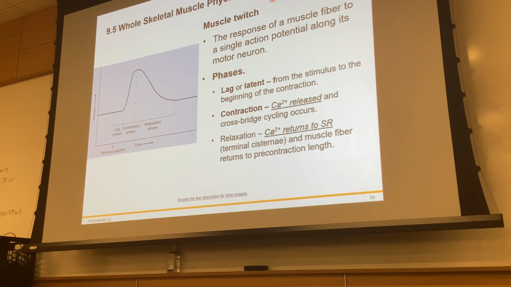So muscle fibers, we talked about contractions, or another way of saying that is the muscles can twitch. And that muscle twitch at the level of the myofiber, that single twitch will be a result of the motor neuron. This is familiar stuff. There are multiple parts to this, and if you look at this graph right here, there's time in milliseconds, and we don't really have the milliseconds here, but we have tension.